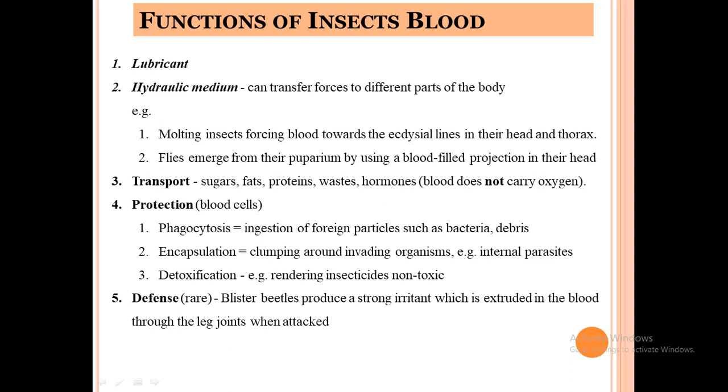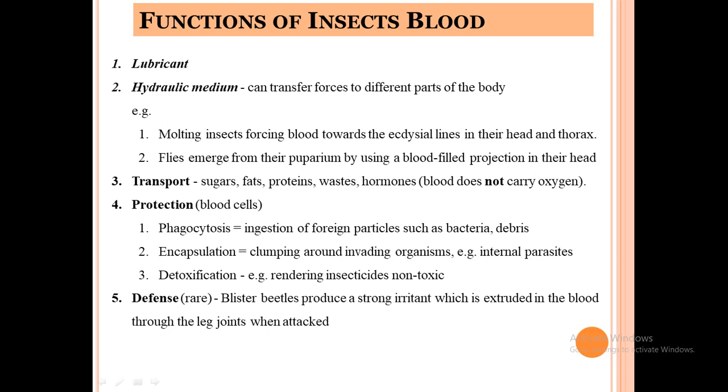The other function of blood is to transport different materials like sugars, fats, proteins, wastes and hormones. Note that blood does not carry oxygen; for this purpose the insect has a specialized ventilatory or respiratory system.